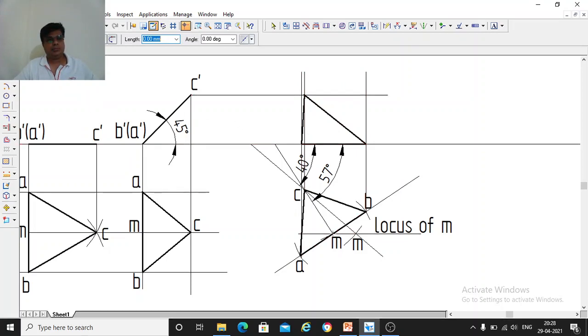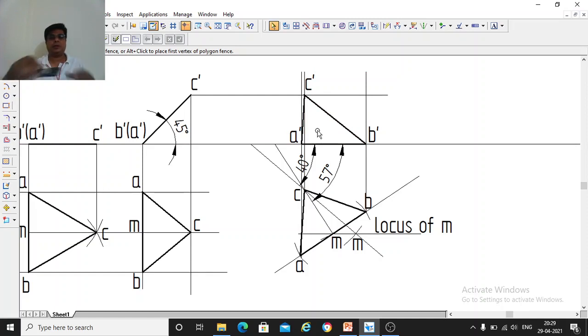Name these corners correctly and place them neatly: this is A dash, this is B dash, and this is C dash. So A, B and C, this is the front view of the triangle.